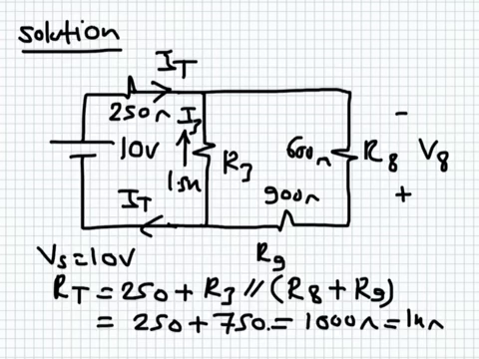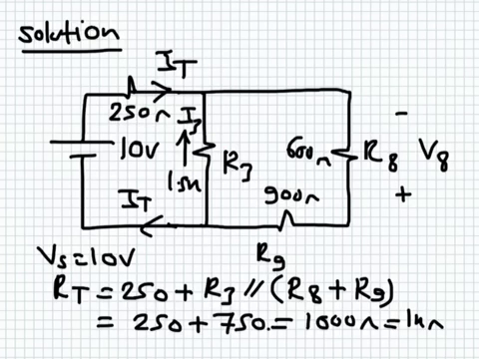So these two will give you 1500 ohm, 1.5K. 1.5K in parallel with another 1.5K will give you a net of 750 ohms. So this whole combination can be replaced by one resistance, 750 ohm, in series with another 250 ohm. Then the net equivalent resistance, or the total resistance, or the input resistance, is simply 1 kilo ohm.